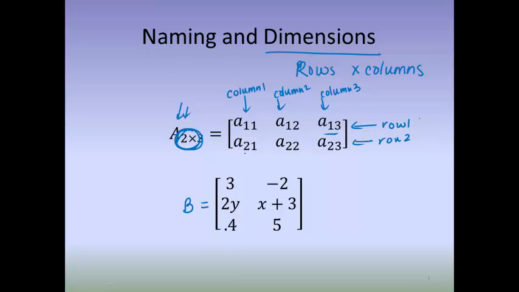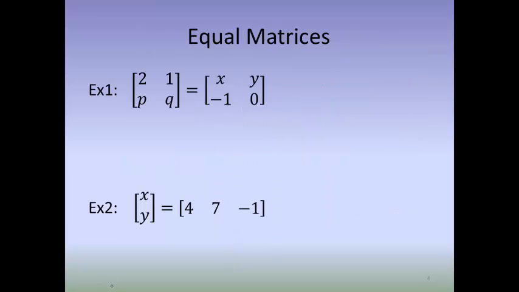And then we go to the second row: row 2, column 1, row 2, column 2, and row 2, column 3. So this tells us that we have a 2 by 3 matrix. The second matrix has 3 rows and 2 columns, making this a 3 by 2 matrix. So this is a different size matrix. The little subscript is sometimes used and sometimes we just talk about the dimensions on the side.